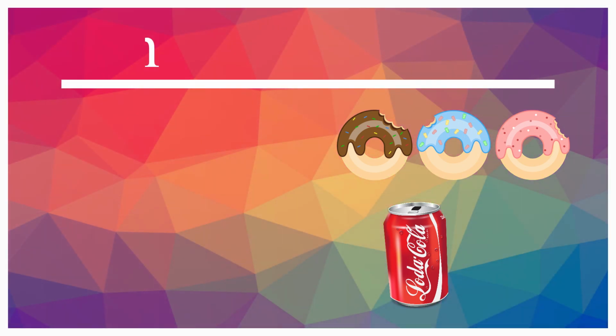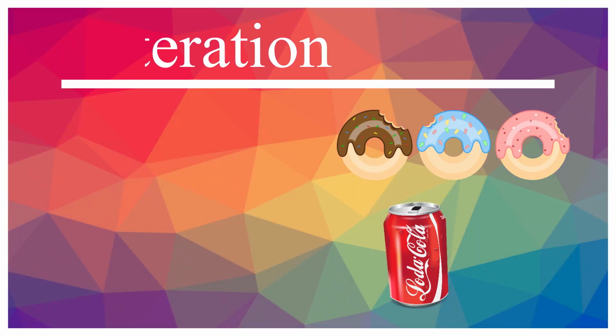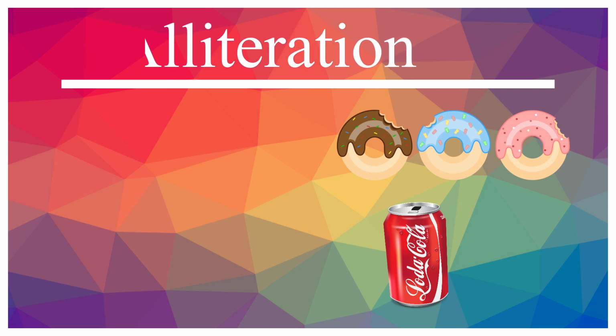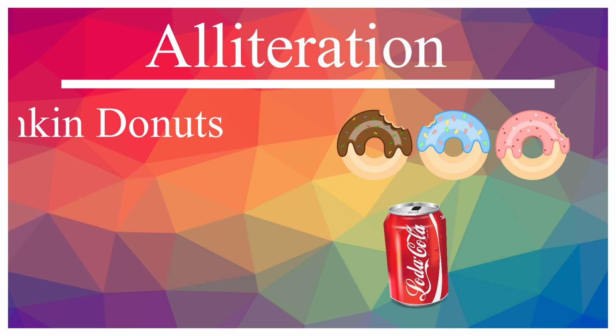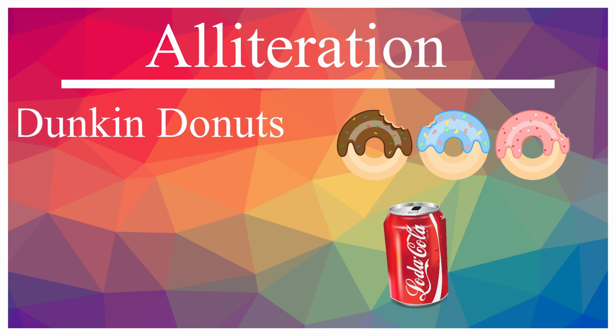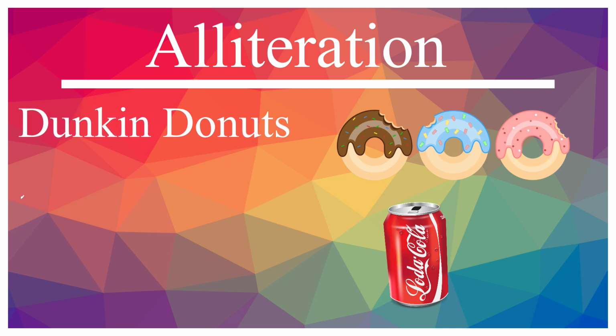Next on the list is alliteration. Alliteration is a literary device in which a series of words begin with the same consonant sound. Alliteration is a very useful sound device used in various types of literature, but mostly in poetry.